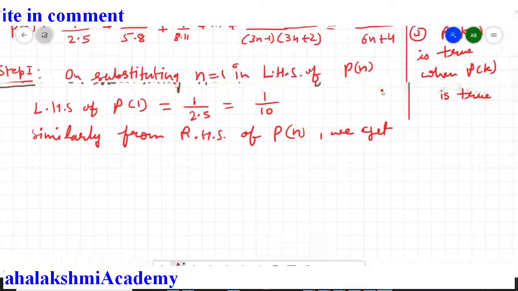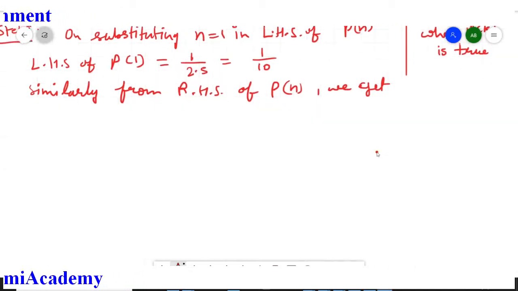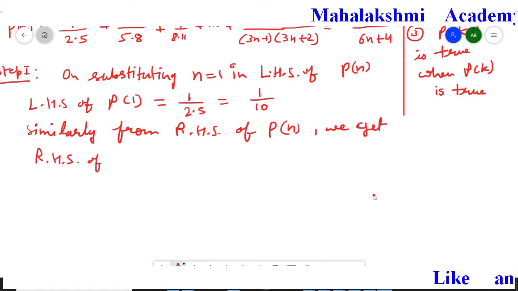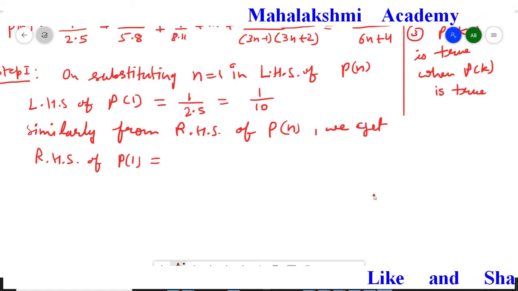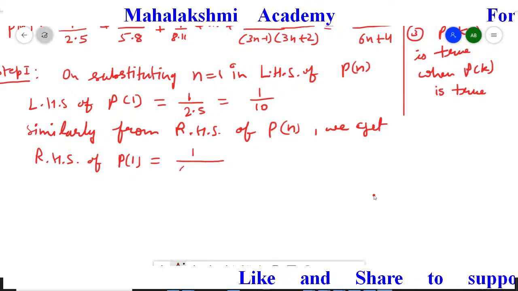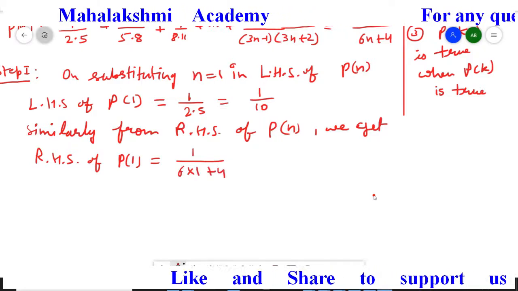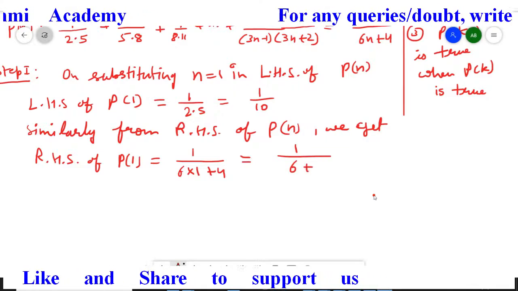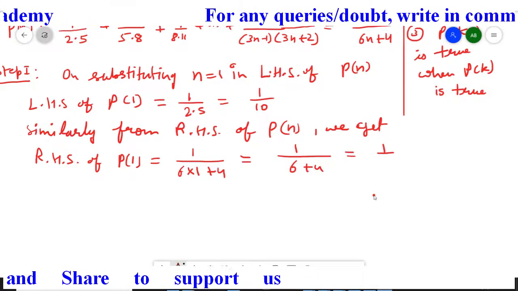So the right hand side of P1 is equal to 1 upon 6 multiplied by 1 plus 4, that is 1 upon 6 plus 4, that is 1 upon 10.